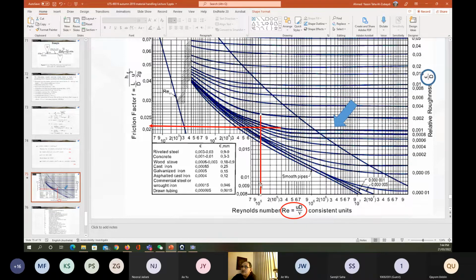Let's consider this 150. And here we have the 0.001. So the intersection is going to be first with this line here, and then we're going to take this one up, and we can find the value for the lambda here. It's something about 0.024. Let me check what I got earlier.